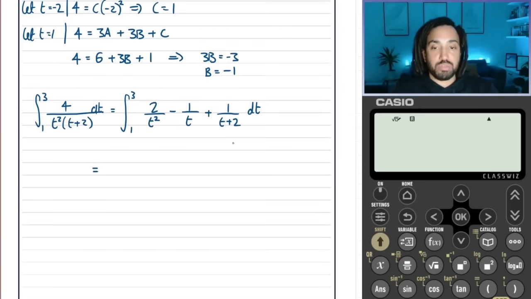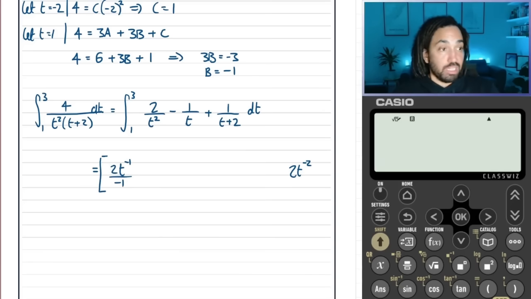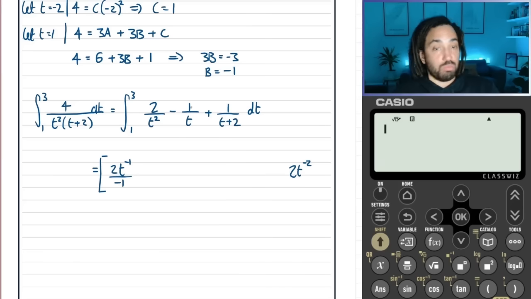Well, this one we can write as 2t to the minus 2, like so. And then we just simply increase the power by 1, and then we divide by the new power. Perfect, so that will do. This one here is, well, 1 over t integrates to ln t.